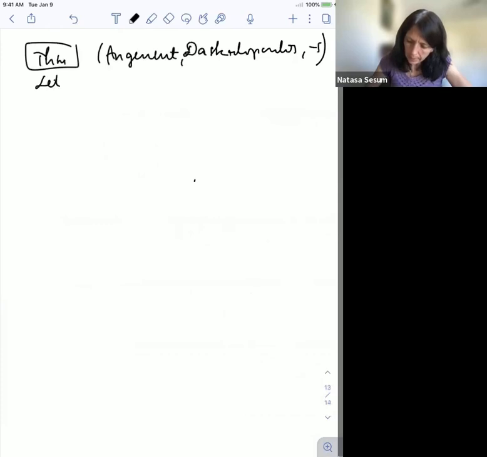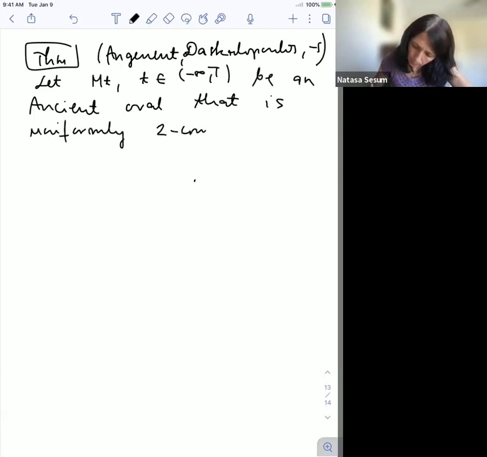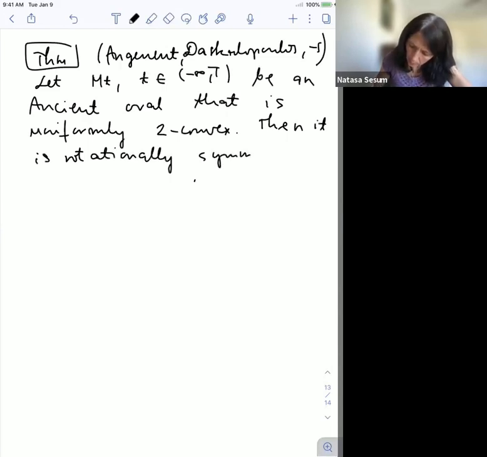And it says: let M sub t, where t is in negative infinity to T, be an ancient oval that is uniformly two-convex, then it is rotationally symmetric. Okay, so this is the second theorem we have.